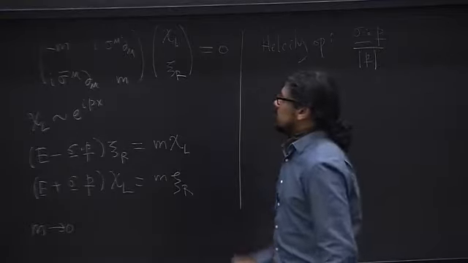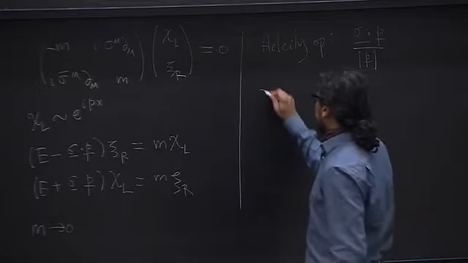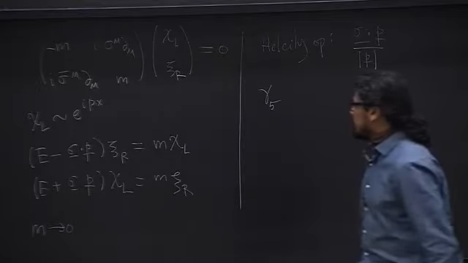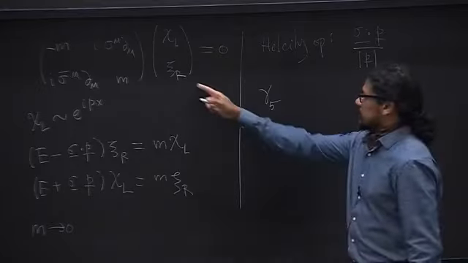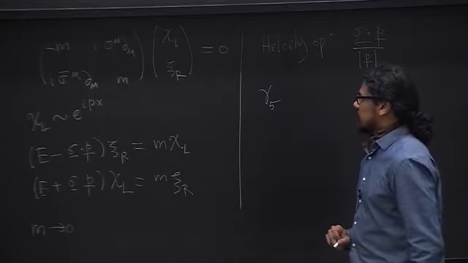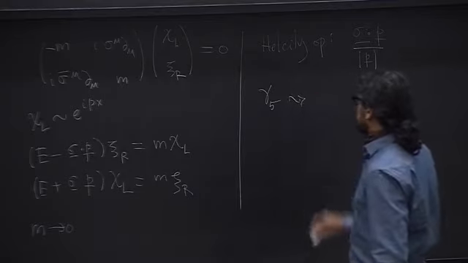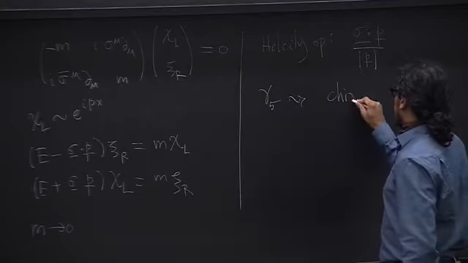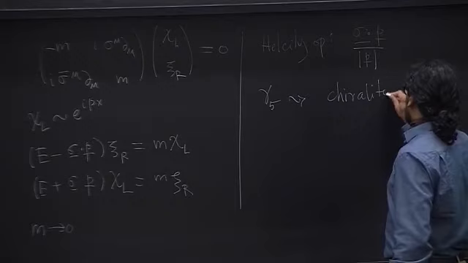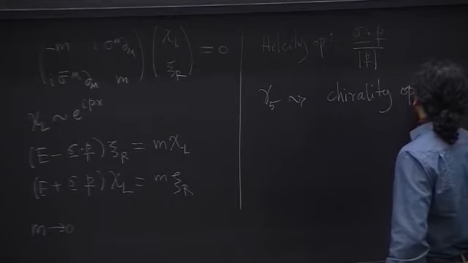The left-handed Weyl spinor is an eigenstate of gamma 5, and the right-handed Weyl spinor is also an eigenstate of gamma 5. These eigenstates are called chiral eigenstates. So this is sometimes known as the chirality operator.